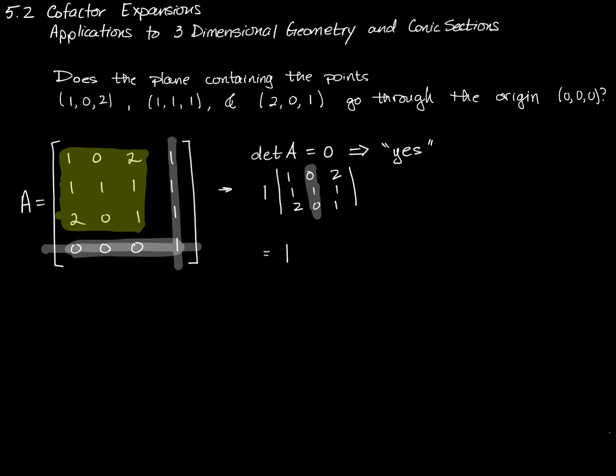So we really, again, only need to figure out what the submatrix is for this entry here and find that determinant. All right, so let me get my highlighter and I will highlight the submatrix.